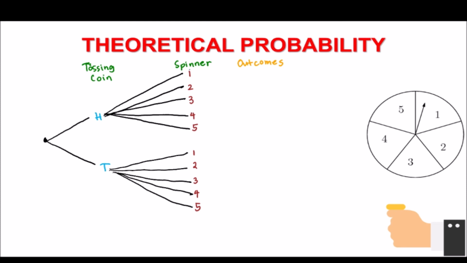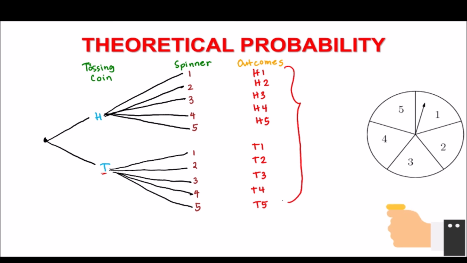Our first outcome is H1, and using the same process, it is followed by H2, H3, H4, and H5. Then let's have the tail. If the coin lands on tail, the possible outcomes will be T1, T2, T3, T4, and T5. So these are our outcomes.